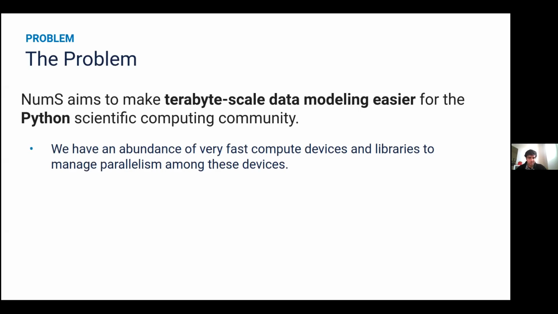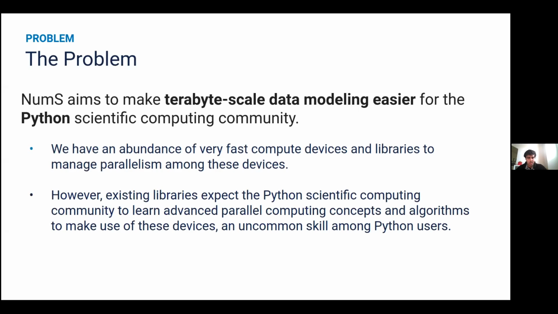We have an abundance of very fast compute devices and libraries to manage parallelism among those devices, right? And as I mentioned, advanced parallel computing concepts and algorithms are somewhat of a challenge for Python users or scientific computing users of Python.